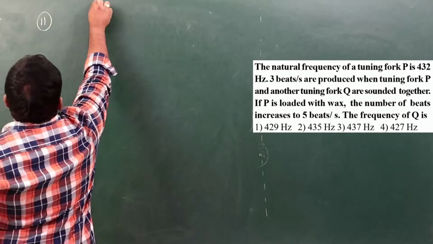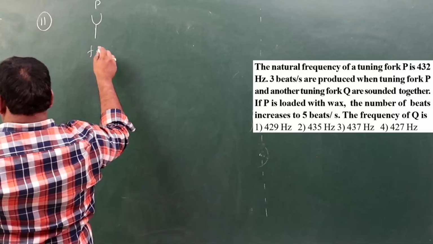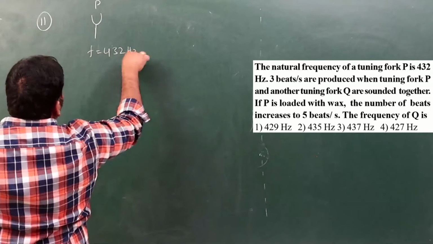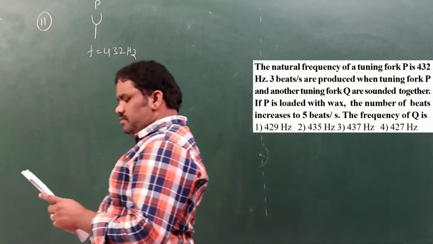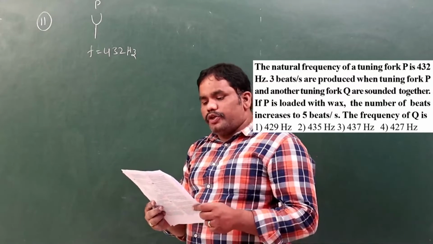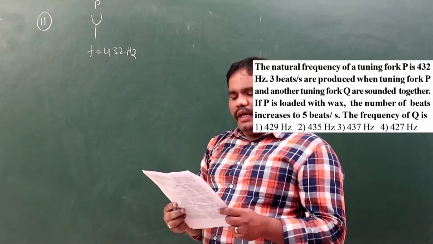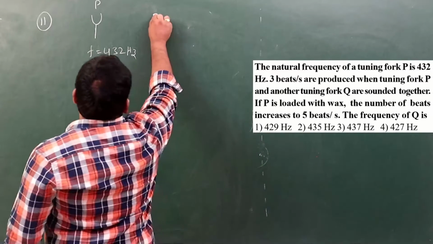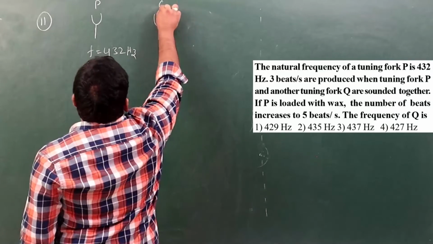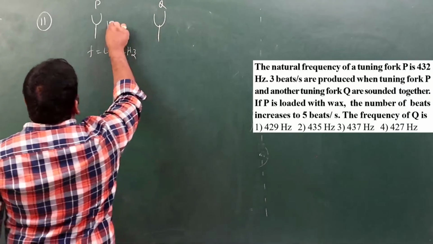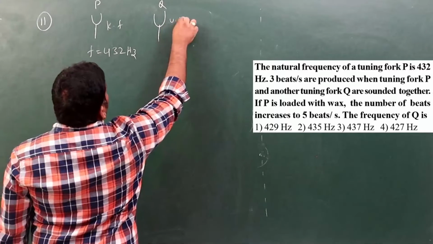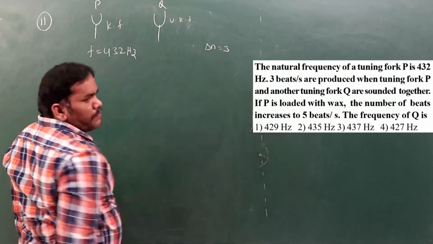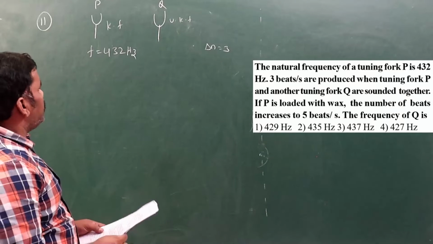This is one of the tuning forks, that is P. 3 beats are produced when tuning fork P and another tuning fork Q are sounded together. So this is the known frequency, this is the unknown frequency. Both are sounded together, number of beats is 3. Delta n is equal to 3.